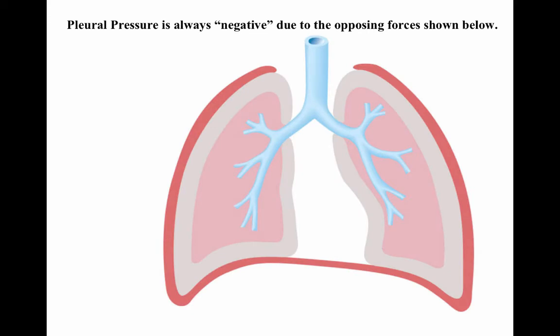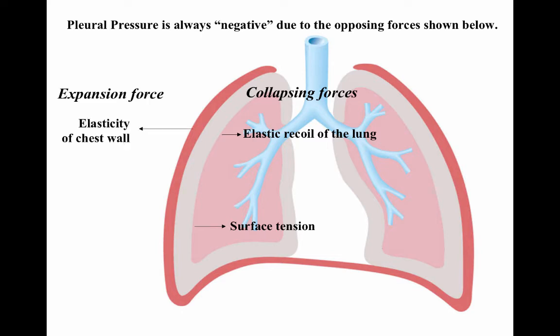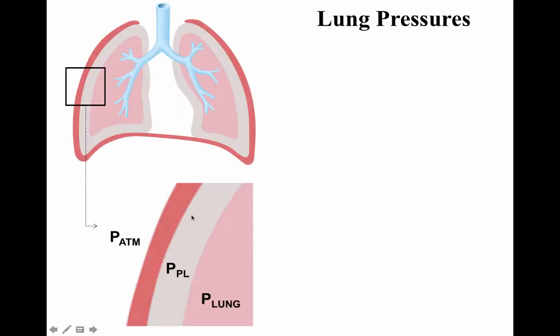Pleural pressure is always negative due to the opposing forces that we'll see in terms of collapsing forces like elastic recoil of the lung and surface tension help maintain negative pressure. And then the expansive force or the elasticity of the chest wall, these two components pulling against each other create a negative pressure within the intrapleural space.